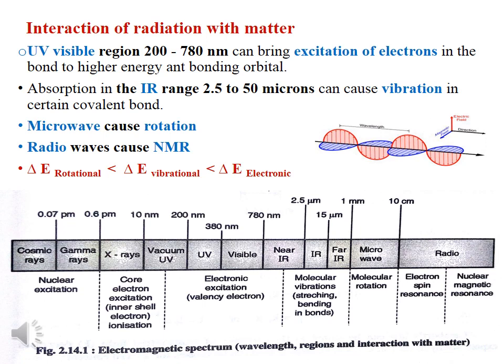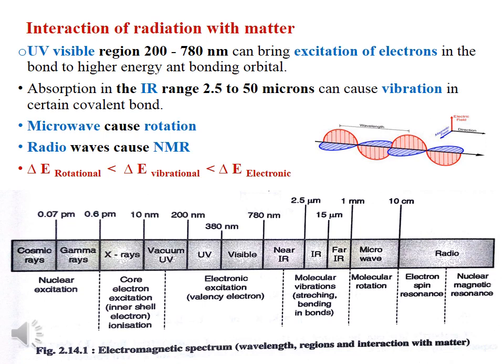Interaction of radiation with matter. As you can see, there are different zones in the electromagnetic spectrum. The main concern of unit 5 is UV visible and IR spectroscopy. The UV visible region comes in the 200 to 780 nanometer range, where the excitation of electron takes place.